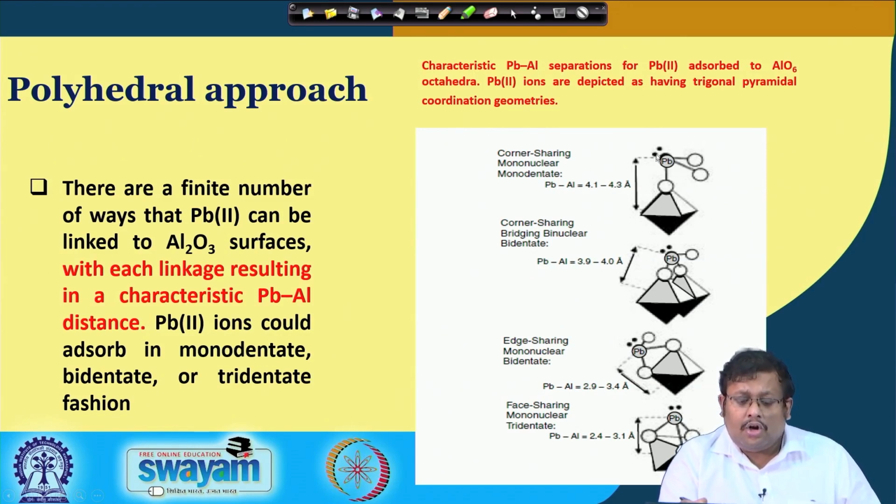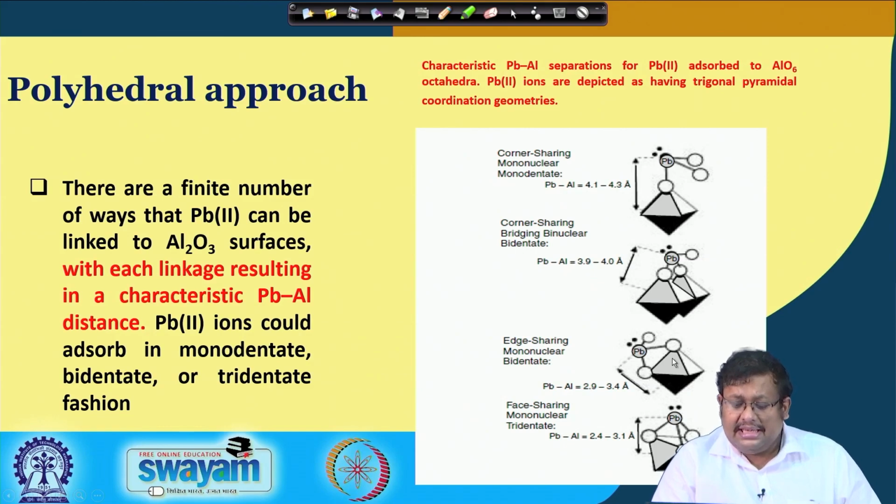So, here you can see corner sharing mononuclear monodentate. Here this is a monodentate and this is a mononuclear, and also corner sharing bridging binuclear bidentate. You can see bridging bidentate and binuclear, since it is attaching with 2 AlO6 octahedra. Third one is edge sharing mononuclear bidentate.